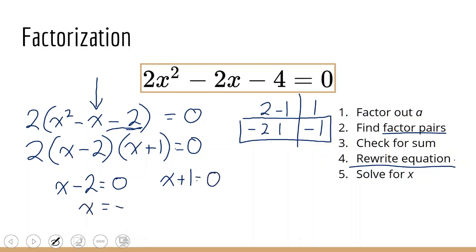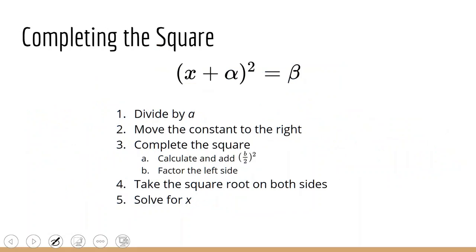And we find that the possible solutions are x is equal to 2, and x is equal to minus 1. And we have gone ahead and solved this quadratic equation.